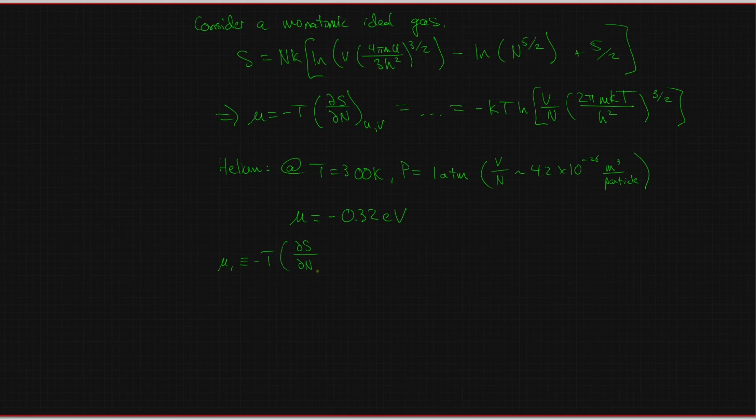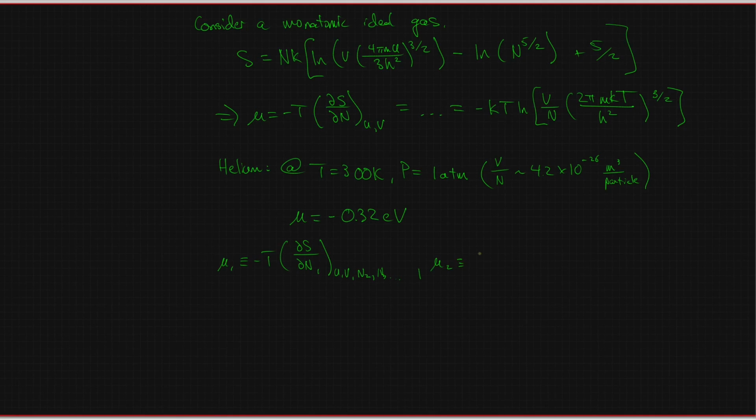All of the previous derivation goes through. But in this case, the things that are held constant would be U, V, and the number of particles for whatever other species, like N2, N3, on and on. Just hold all of the others constant. This is the definition for that one.